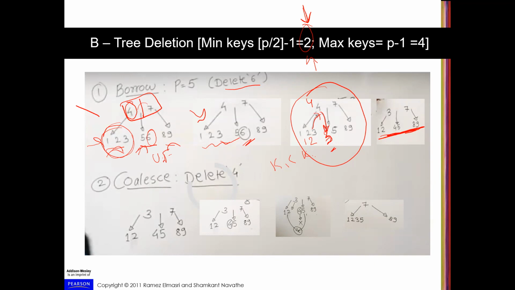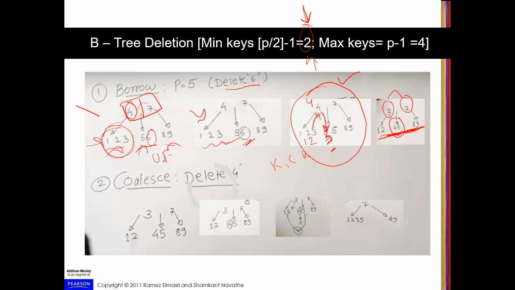Now, we are keeping up with the rule of the B tree, which says the middle child should fall in the range greater than or equal to the lower limit, or less than or equal to the upper limit.